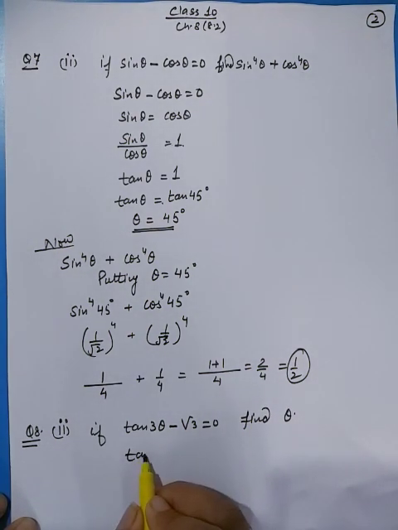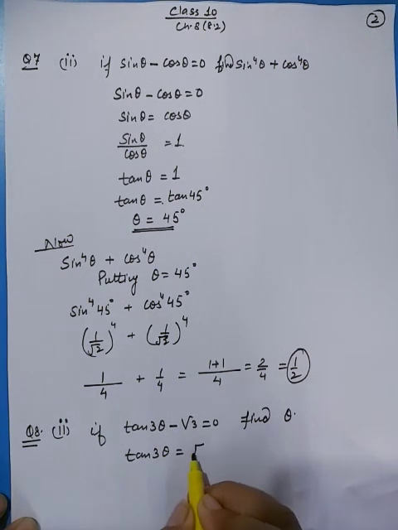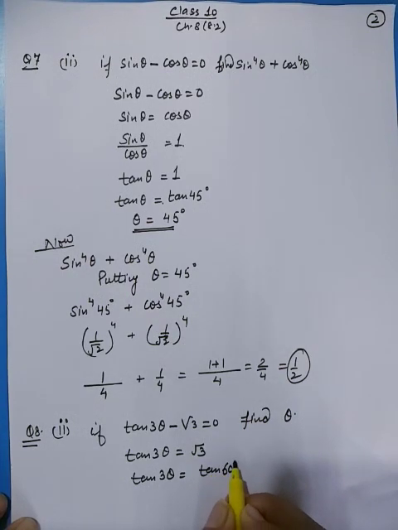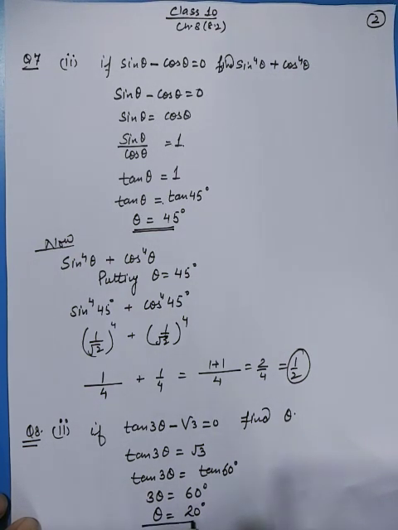Simple question. Tangent 3 theta is equal to root 3 and root 3 is the value for tangent 60 degree. So therefore 3 theta is equal to 60 and theta will be 20 degree. So this is the answer of this question.